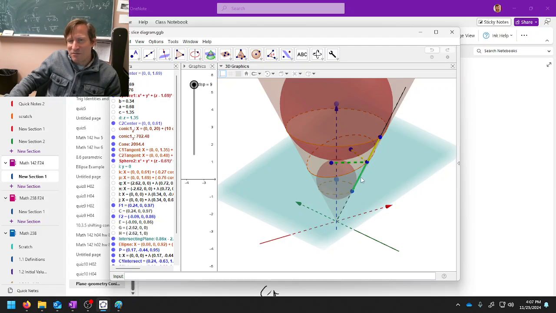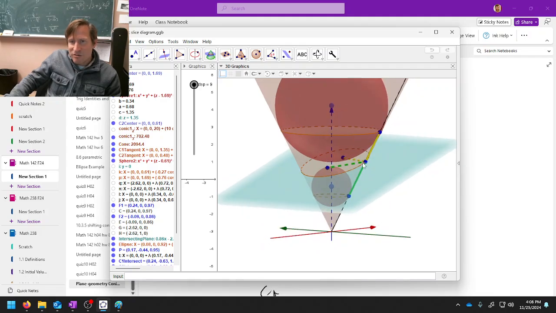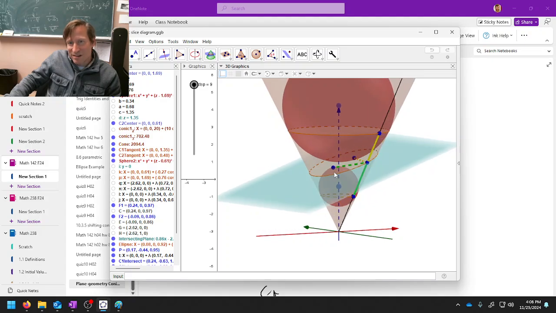So let me explain that for the greens. Now, this dotted green length is going from the point on the ellipse to this tangent point on the sphere, right? It's going to this point on the sphere because that's how we define that length.